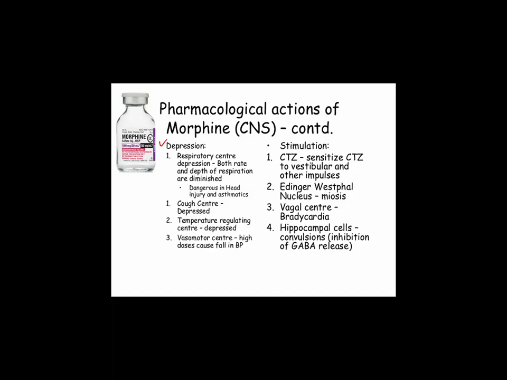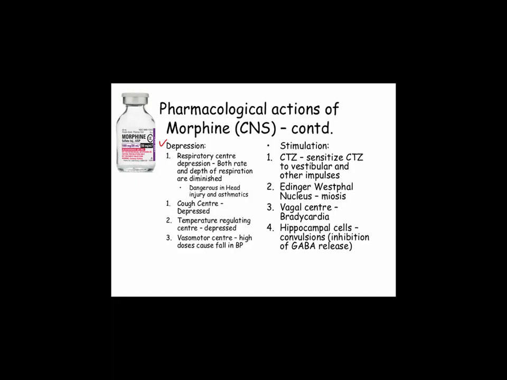Suppression of the cough center we can use for treatment of unstoppable, exhausting cough, but dry cough. Temperature regulating center depression leads to hypothermia, when the temperature may fall below the normal level. And vasomotor center suppression may lead to hypotensive collapse in patients.